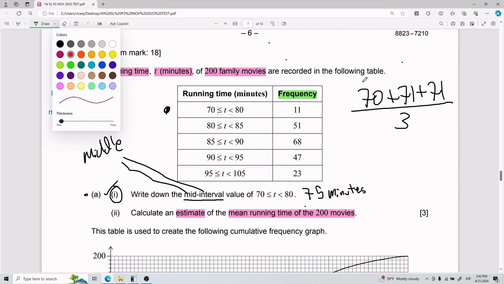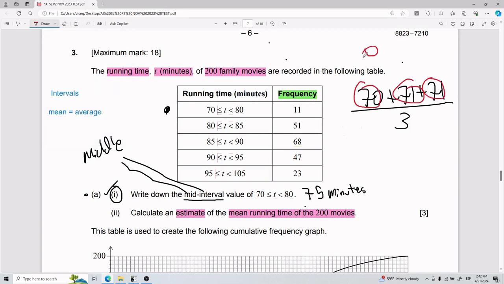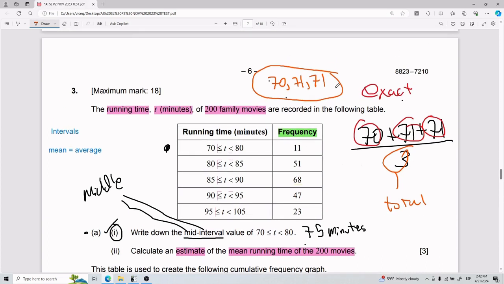And so you have your exact values, and you divide by your total. So if my data is 70, 71, 71, and I say find the mean of this, you take your exact values, you add them, and you divide by the total. When you have intervals, you don't have exact values.